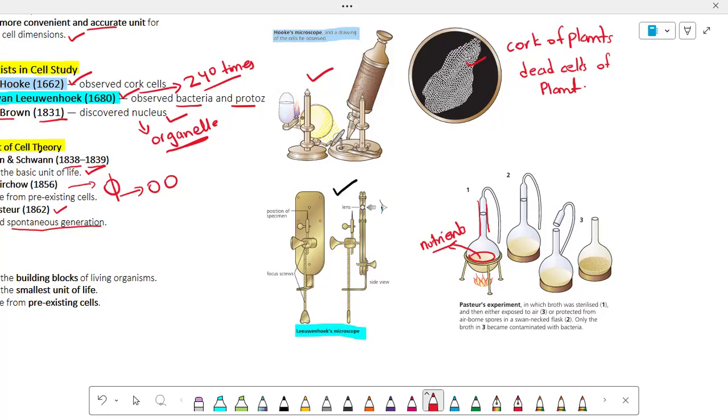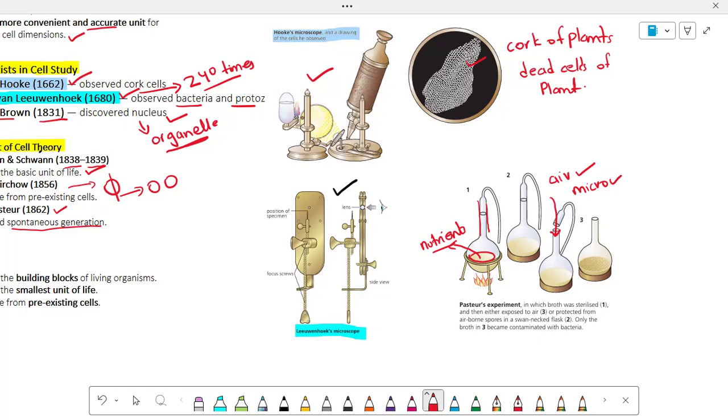Then, in the second step, he allowed the air to enter the broth, but microorganisms could not enter it.